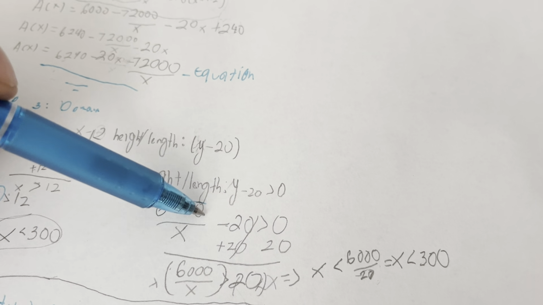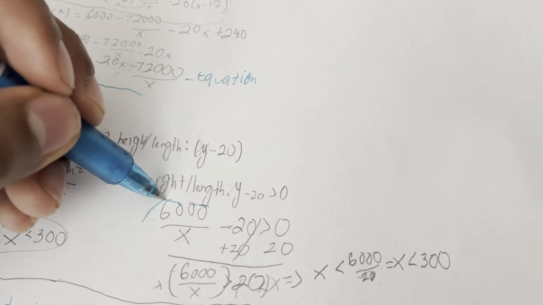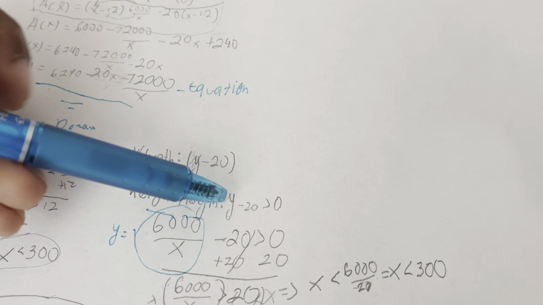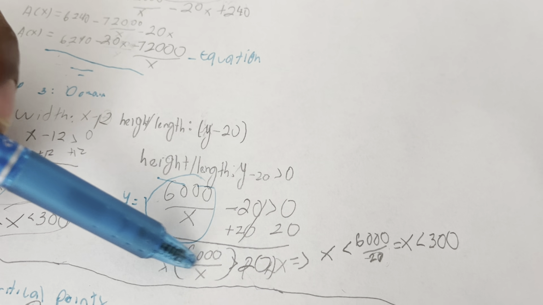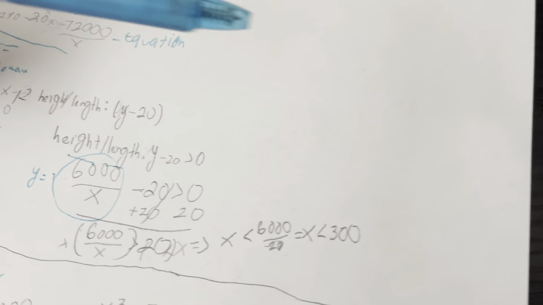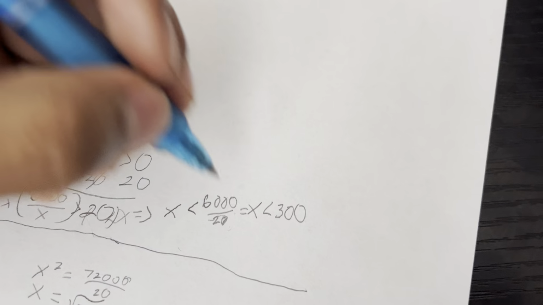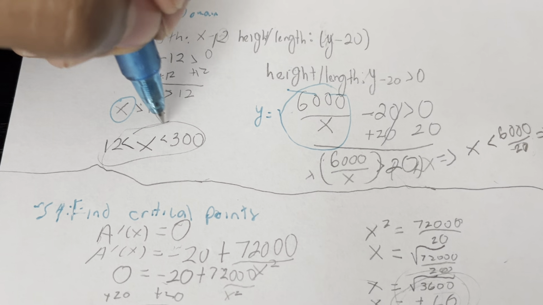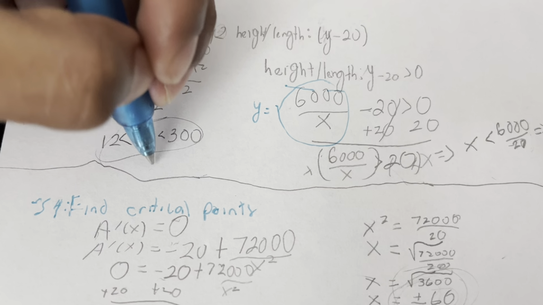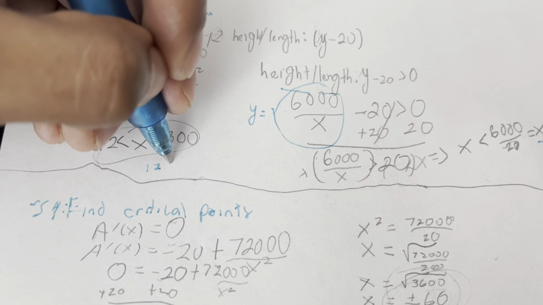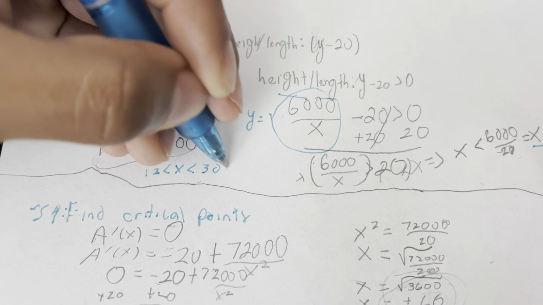We get the y minus 20 that we put over there, and we need to remember that y is equal to 6,000 divided by x. So then we add that, simplify it, and we get x is less than 300. So x has to be greater than 12, but less than 300.